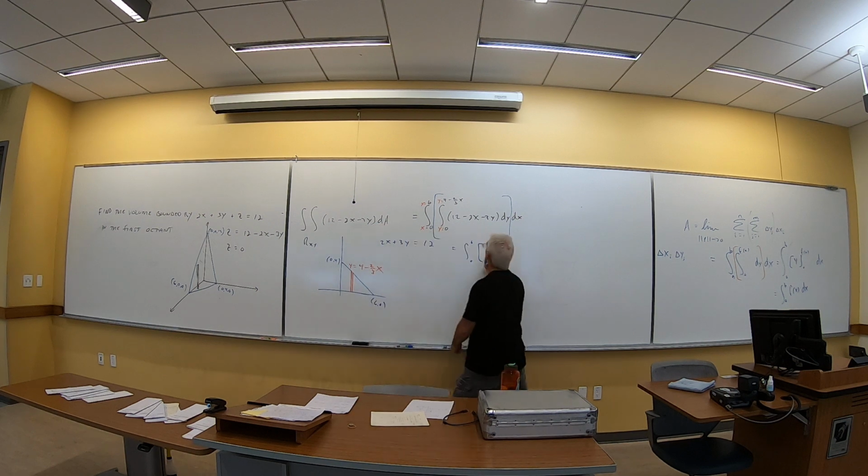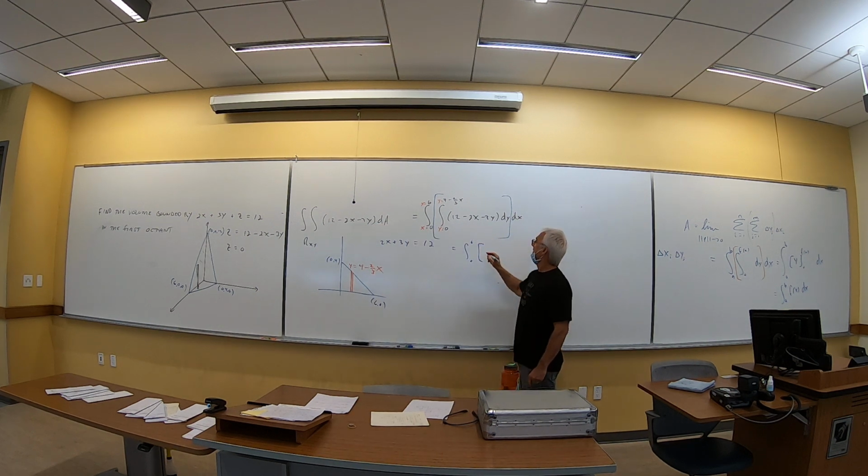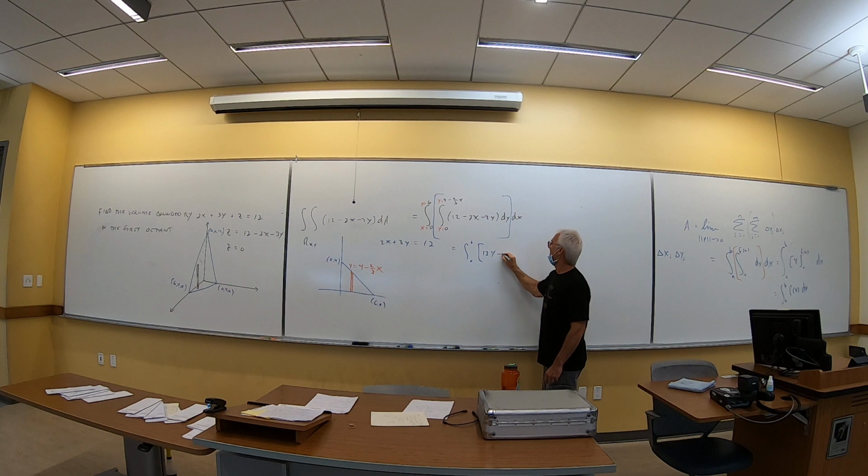Okay, so what's going to be my antiderivative? Well, let's go left to right. 12y. Don't want to lose that guy. So it's 12y minus 2xy minus 3/2 x y squared.